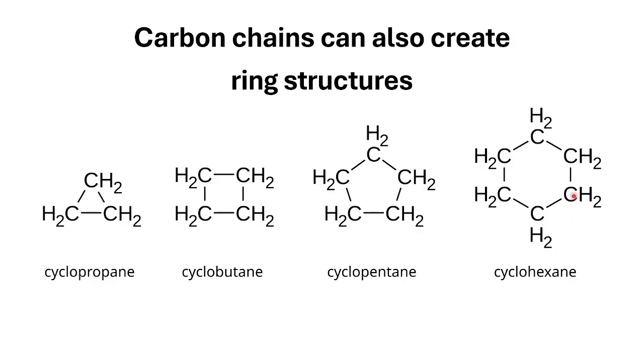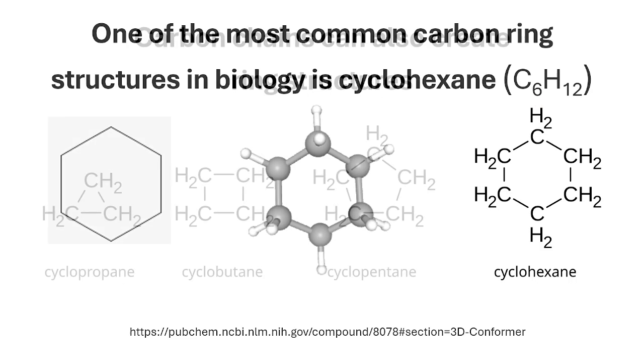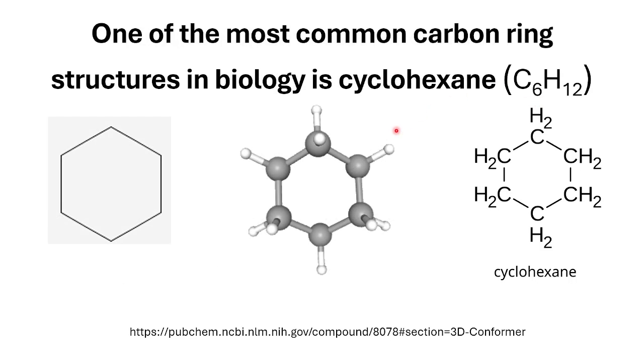And this is actually really, really important because this is a kind of molecule that we find in all kinds of organic shapes and other molecules. So let's talk a little bit about cyclohexane. Cyclohexane is C6H12. This is the basic formula for cyclohexane. Again, this is the basic drawing for it. You can see that it's really quite simple.